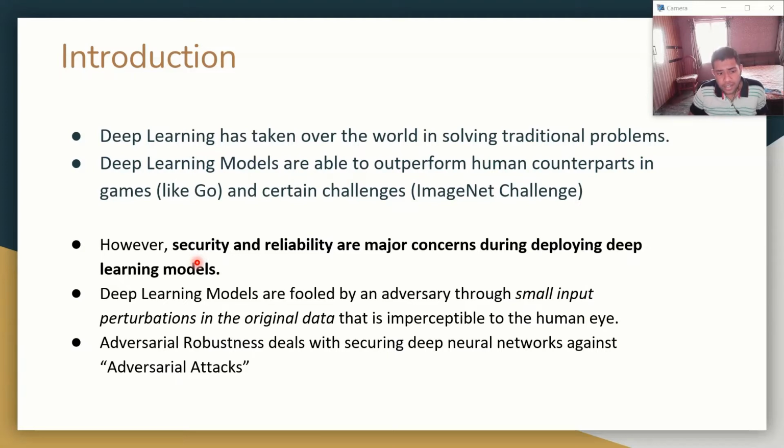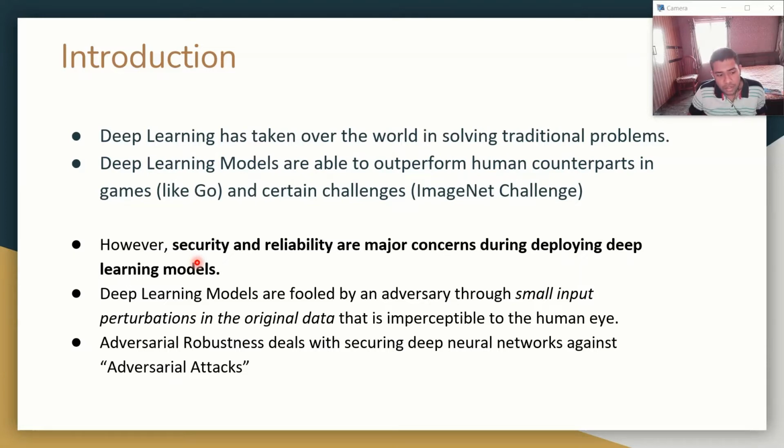However, we still see that security and reliability are major concerns when deploying deep neural models in the real world. We see that deep learning models are fooled by an adversary through small input perturbations in the original data that are imperceptible to the human eye. So this is one major security threat to the reliability of deep neural models in real life.